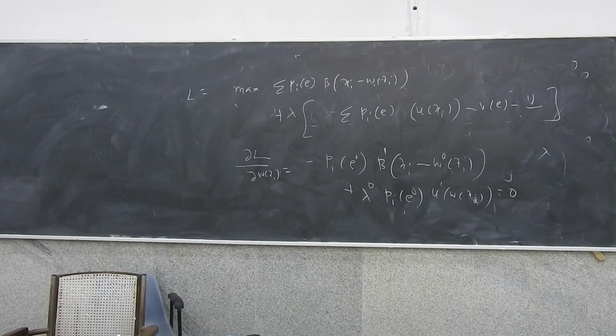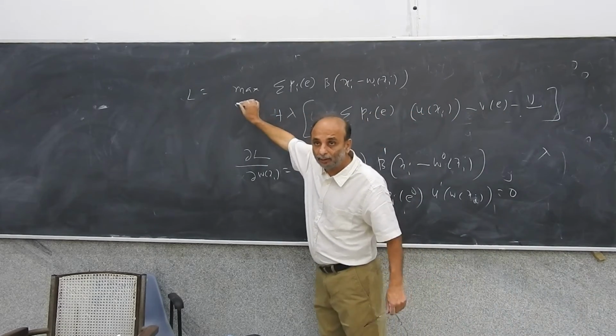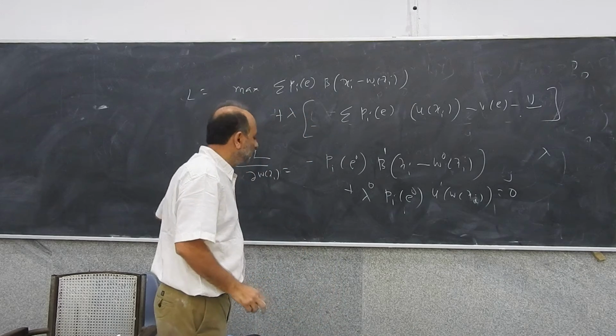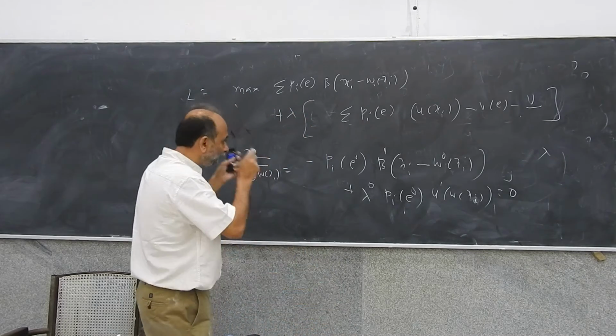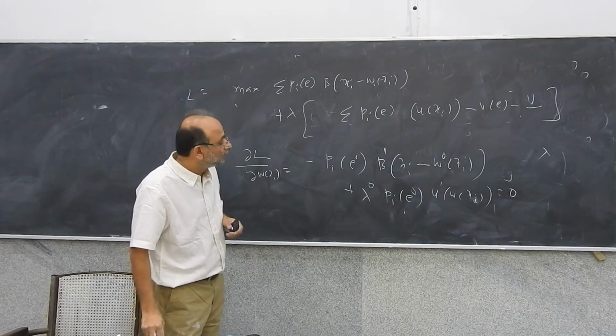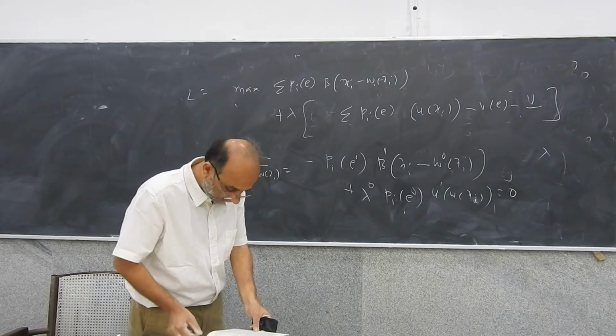The effort level is already pre-specified at E0, right? So Pi of E0, V of, so minus comes out here, and then you have the derivative with respect to W. Plus, so you get this. Now, from this you get something very interesting.